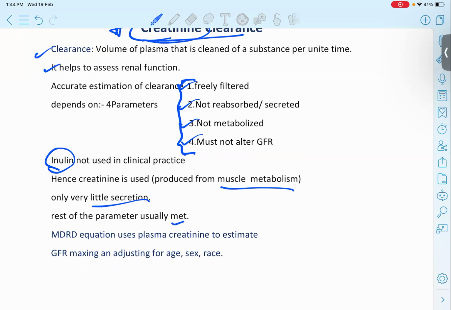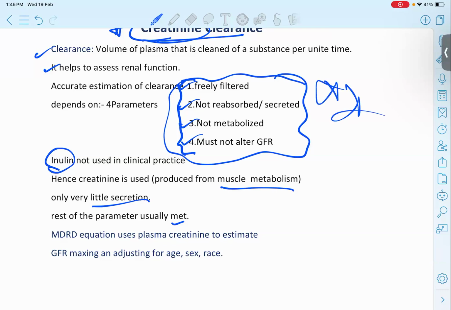Another thing is the MDRD equation. It's a big equation and you don't need it because I haven't seen any recall, but these are recalls: what are the parameters of clearance? This is important. The MDRD equation is basically an equation used to determine this clearance.